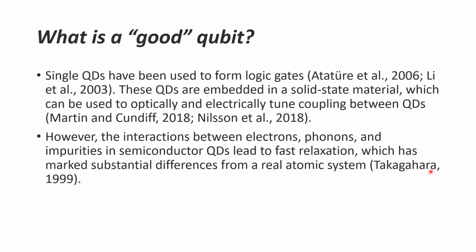However, in such a material system, there are many disturbances, between the electrons and phonons. Phonons are basically the thermal vibration of the lattice, and the impurities in the semiconductor material can lead to a very fast relaxation of those quantum states, and thus a very short coherence time.